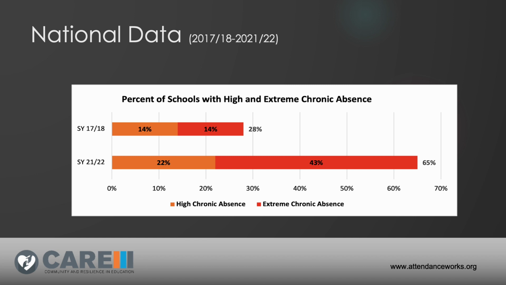We were at 28% in 2017-18, and that jumped to 65% in 21-22. And we're still trying to recover from that pandemic effect. Essentially, this amounts to an increase from 8 million students in 2017-18 to 14.7 million students in the school year 21-22.